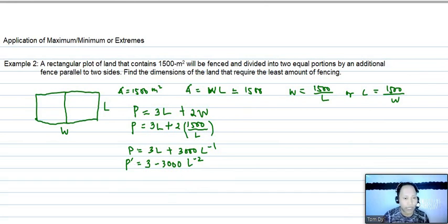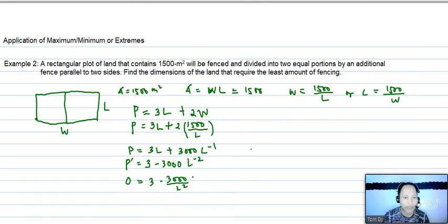And then in an extreme or maximum minimum, we equate this one into 0. So we have here 0, which is then equivalent to 3 minus 3,000 over L squared.